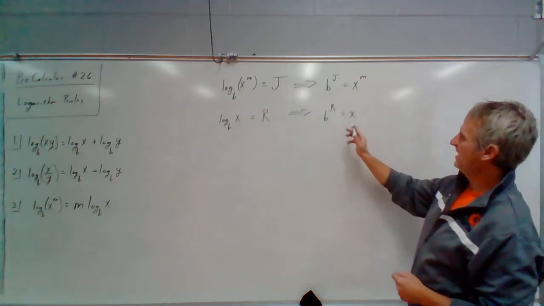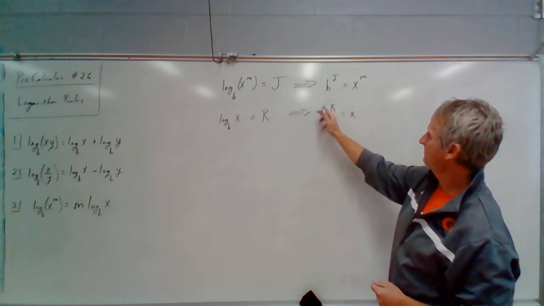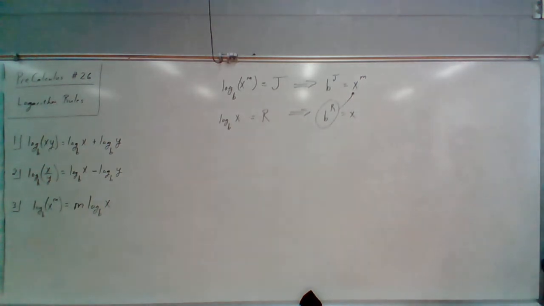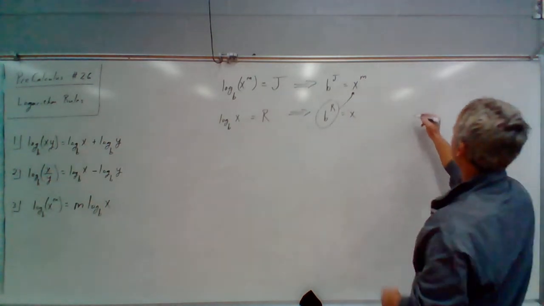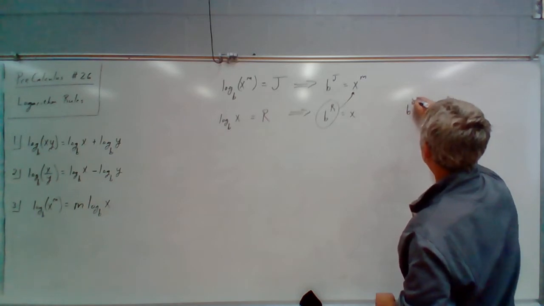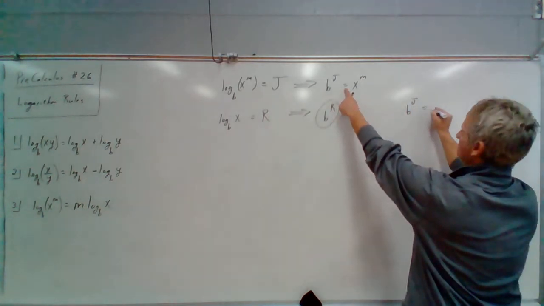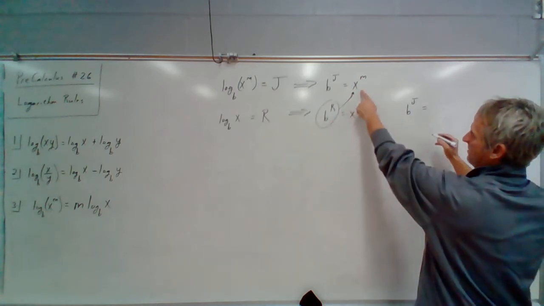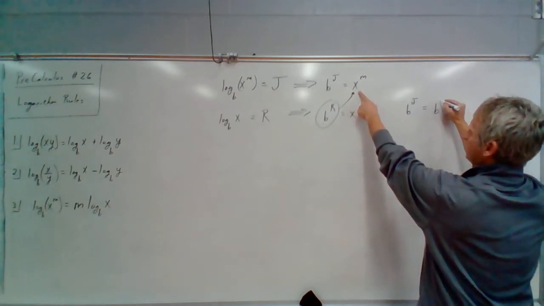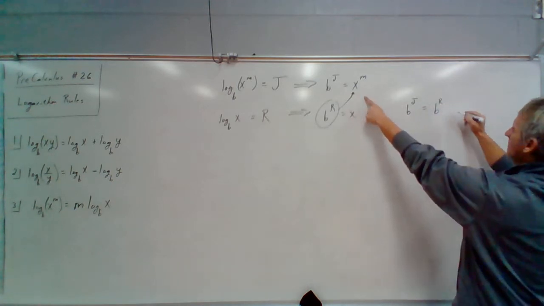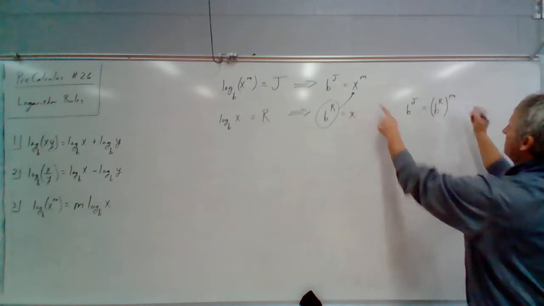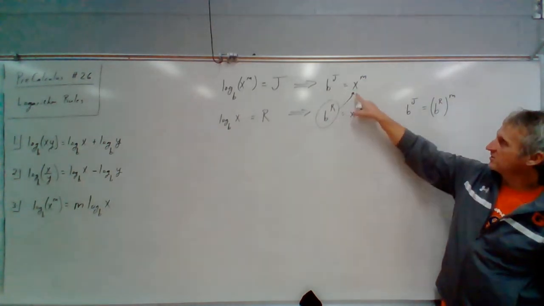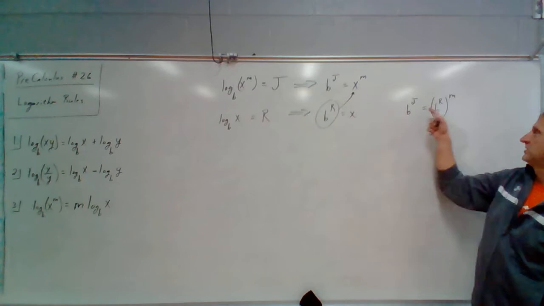So what if I substituted this value of x for this x right here? And let's see what happens if I do that. So in that case, I'll have b to the j equals, now I'm going to substitute this value of x in for that. So I'll have b to the r raised to the m power. This value of x is equal to b to the r, so I'll put it right here, b to the r to the m.